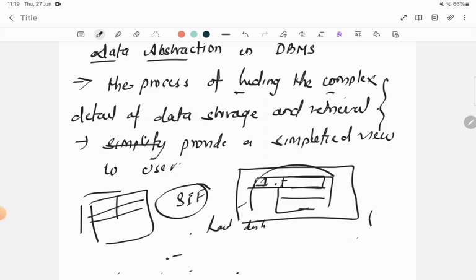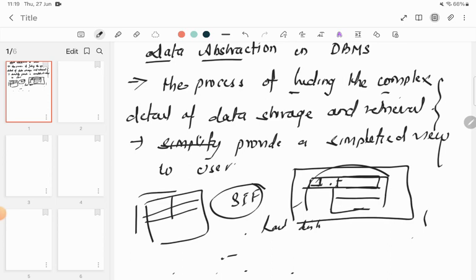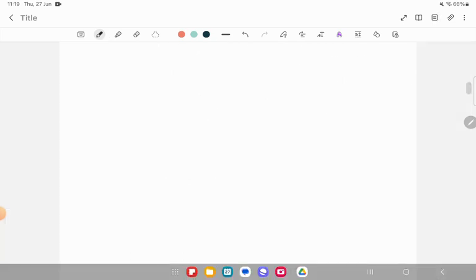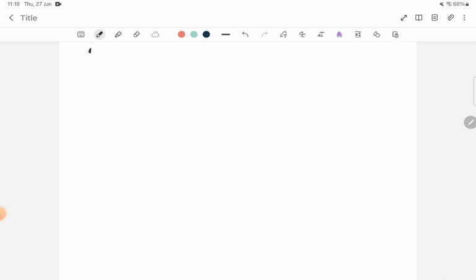Now, in the context of types of abstraction in DBMS, we have got 3 types of abstraction. The first one is called physical level abstraction.